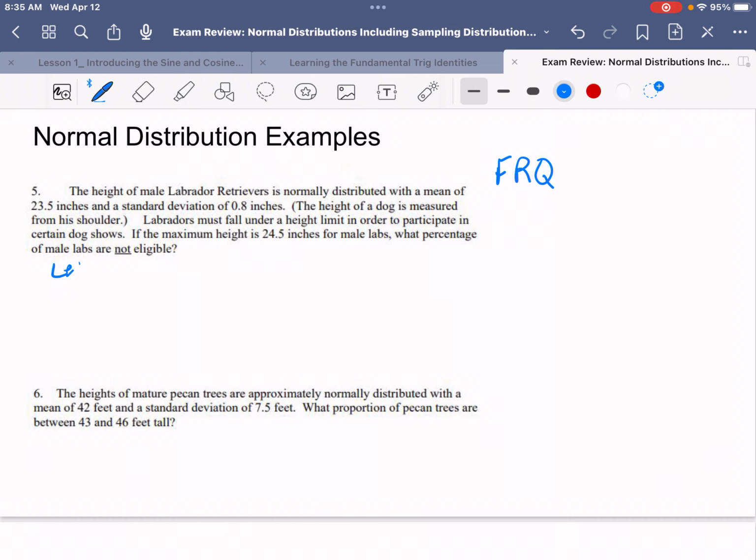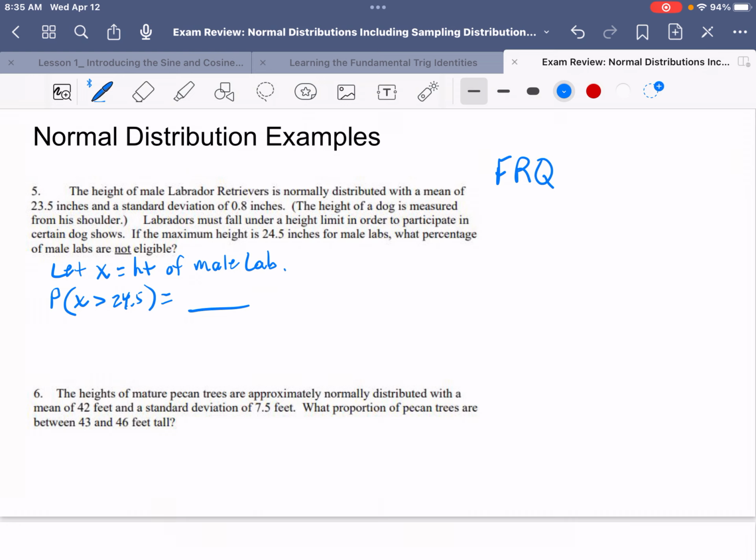So you could say, let x equal the height of male Labrador Retriever. And then you can say, what is the probability that x is greater than 24.5 is the question that they're asking you to answer.